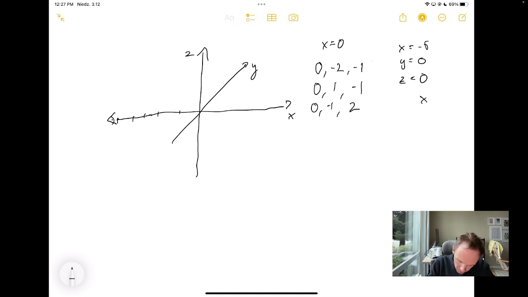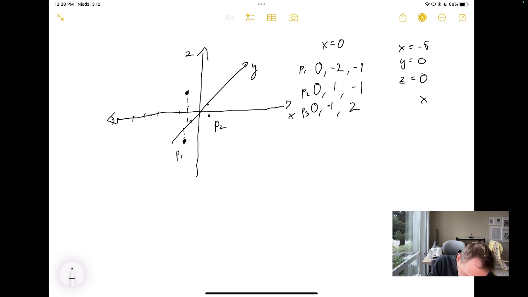So let's just draw it. First one, -2, -1. So X is 0, 1, 2, -1. Here's the point number 1, P1. Then P2, 0, 1, -1. So somewhere around here is our P2, and then our P3, -1, 1, 2, somewhere around here, right?